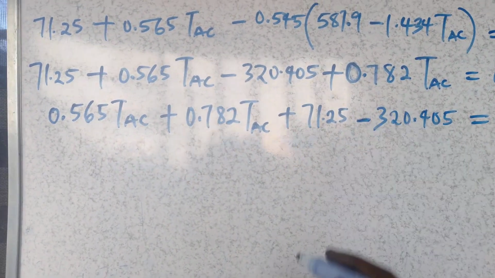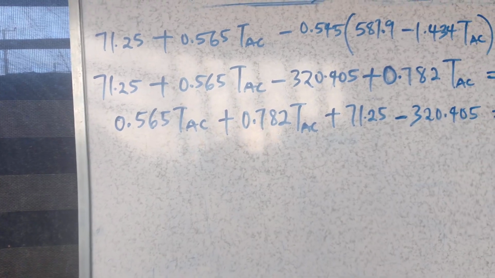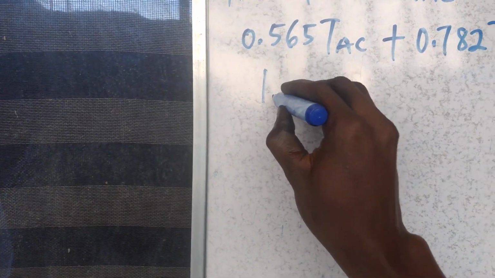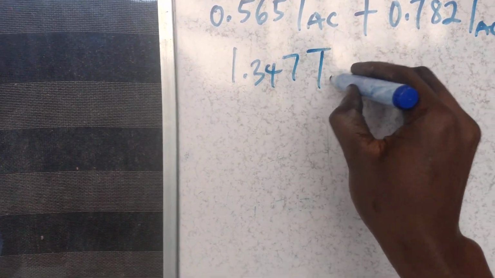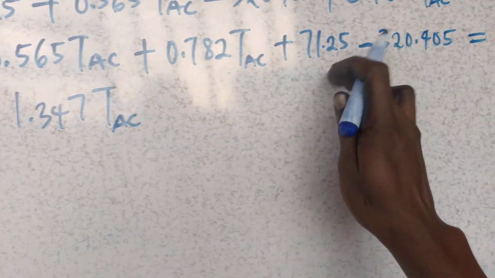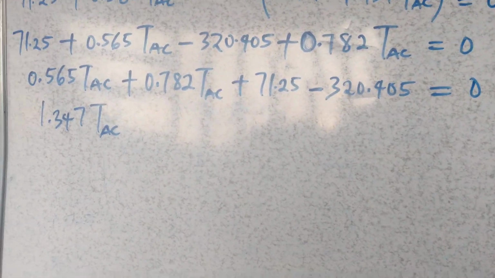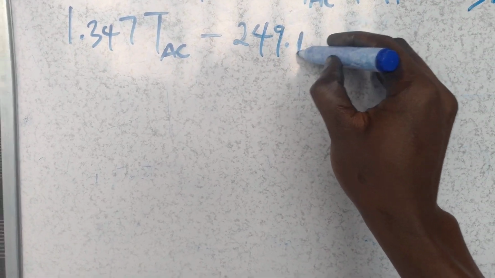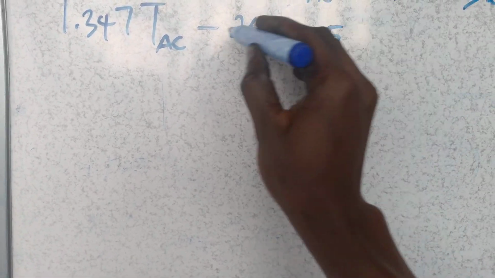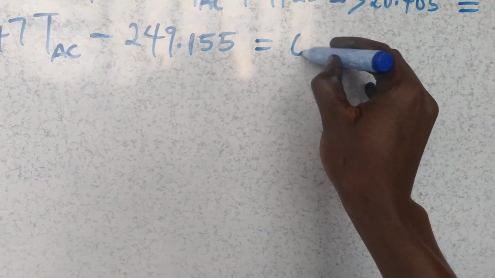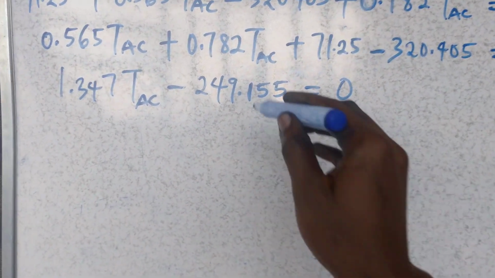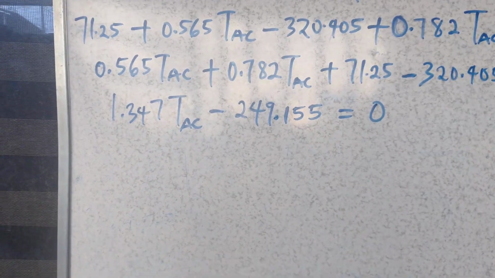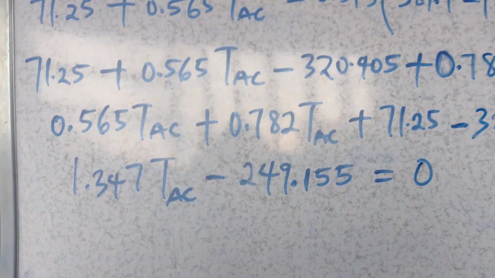This is negative. So adding these two now, we have 1.347 TAC, and tackling the other two, it's minus 249.155 equivalent to 0.